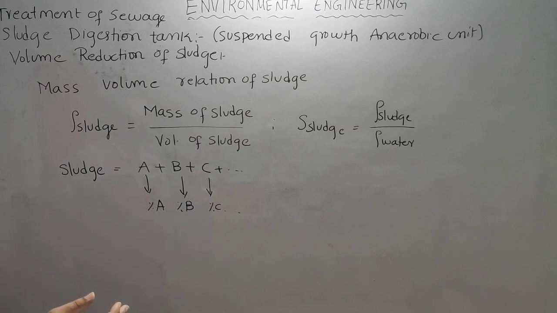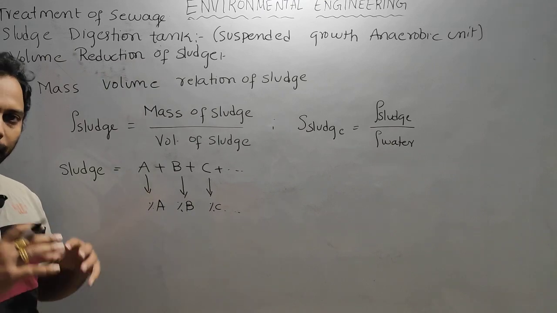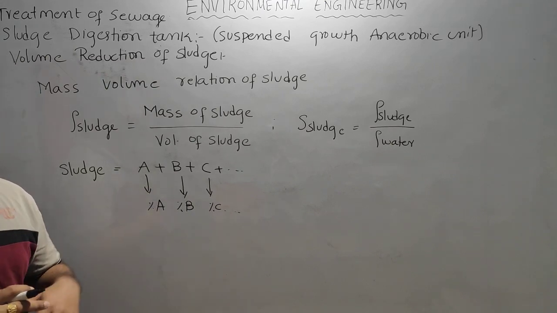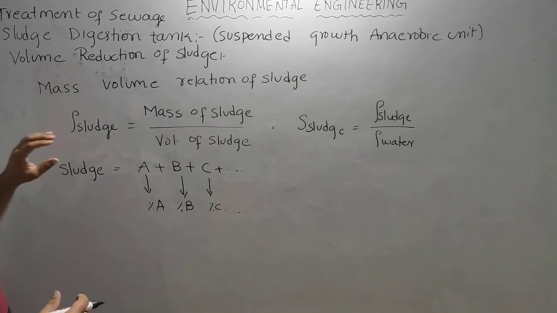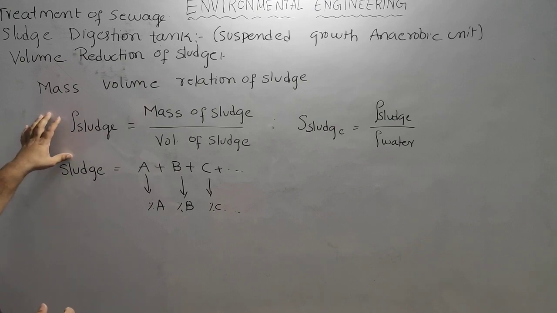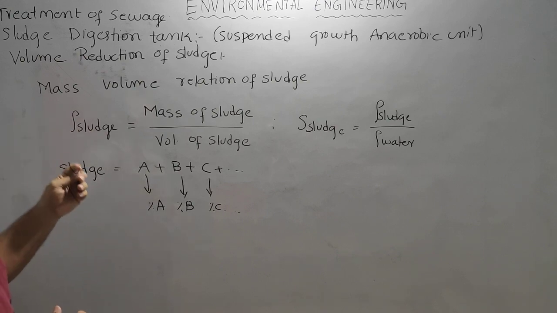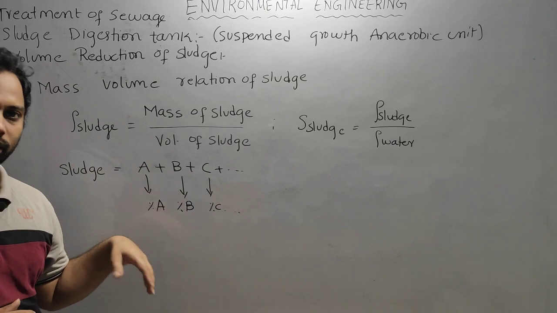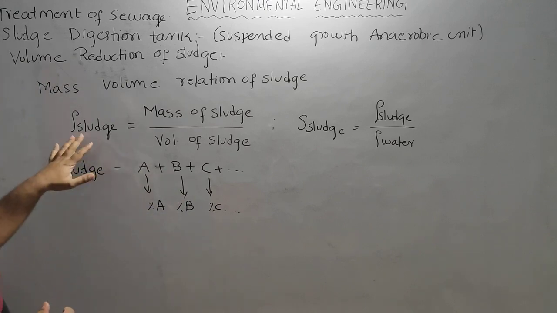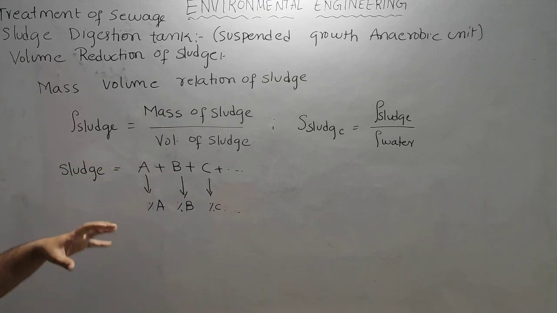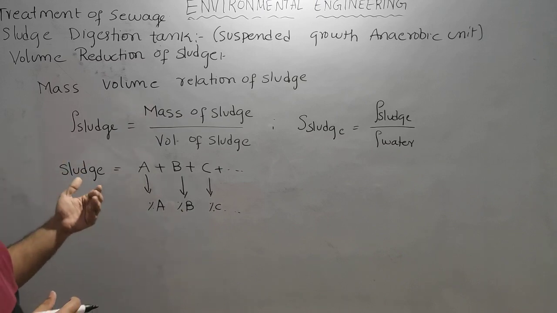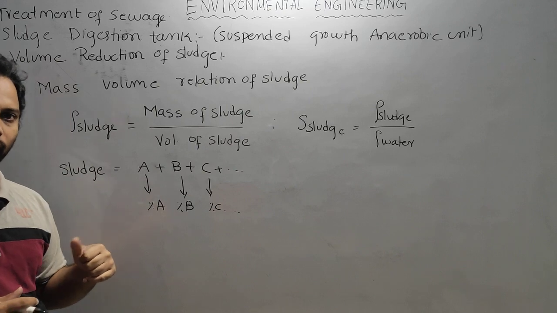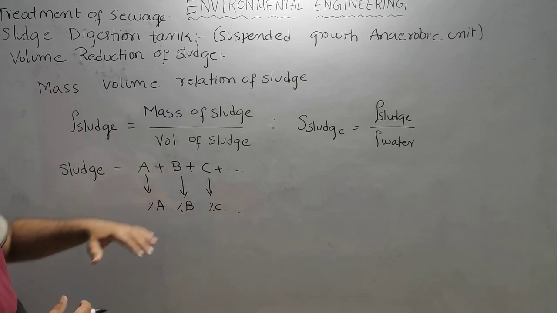The most important material which decides the sludge density is water, because sludge contains almost 95 to 98% water. That is why the rho of the sludge is near about 1000, but a little more than 1000 because of the presence of other organic matter along with the water.